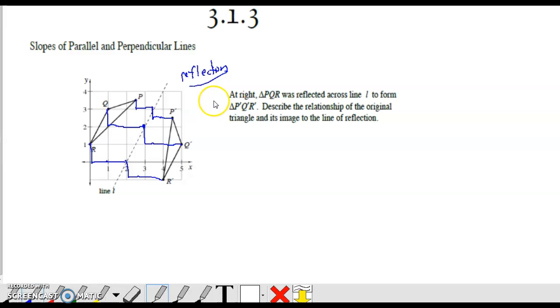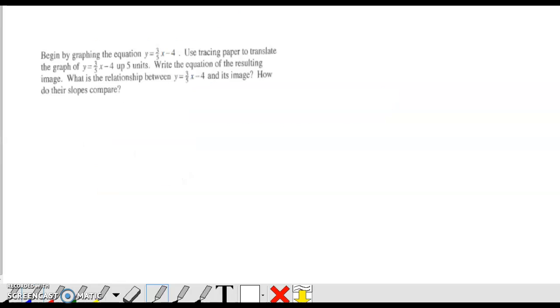Okay, so a lot of things you're going to do today are going to be on your graph paper. So what I want you to do is we are going to copy down this equation. So y is equal to 3/5 x minus 4. And then I want you to think about what it means to translate this graph up 5 units. And then you'll write the new equation, which will be easy.